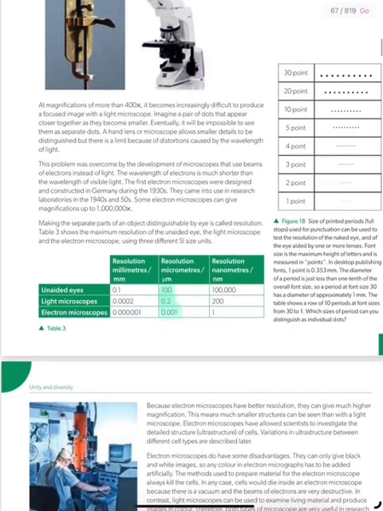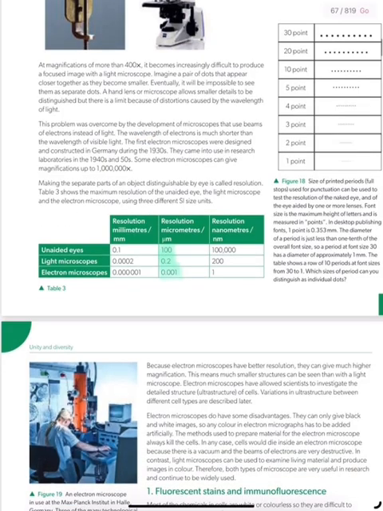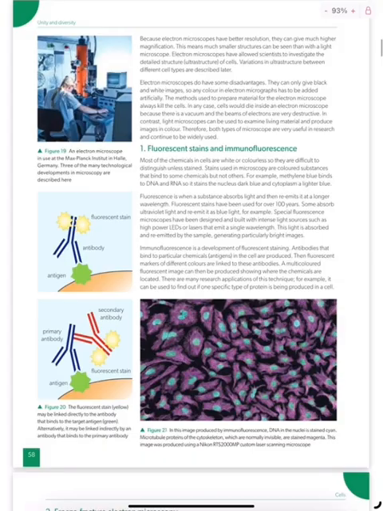And this problem was overcome by the development of microscopes that use beams of electrons instead of light. The wavelength of electrons is much shorter than the wavelength of visible light. So electron microscopes can give magnifications up to 1,000,000. And then we have some examples of electron microscopy.